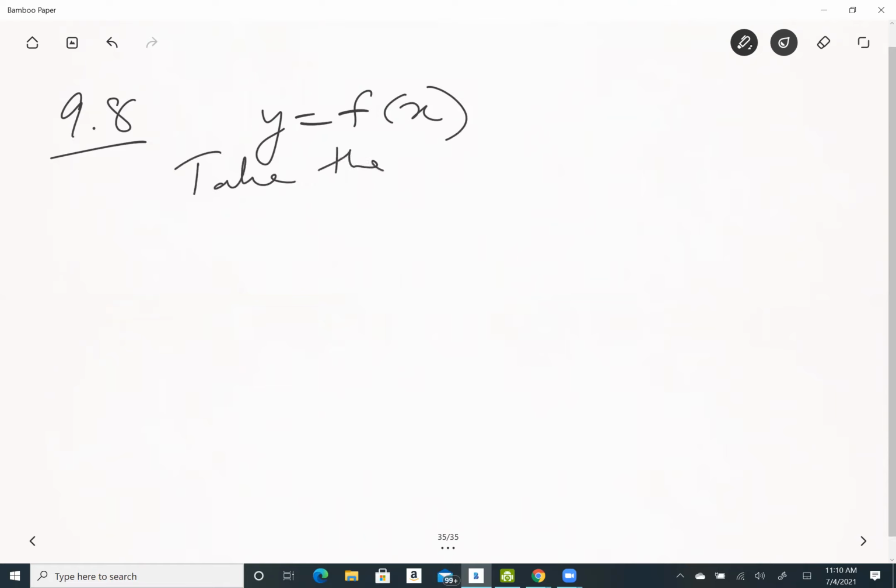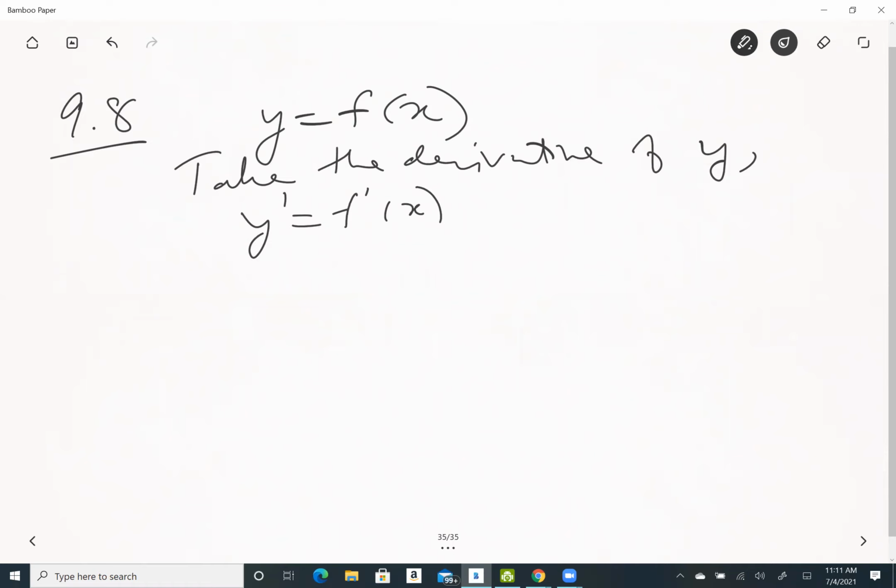So this is 9.8. You consider a function y equals f of x. You take the derivative, you differentiate y of x. What do I get? I get y prime equals f prime of x.